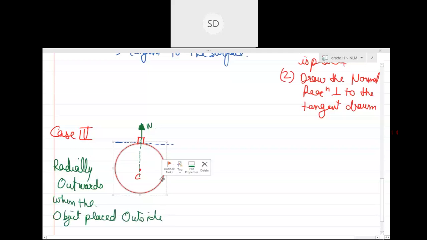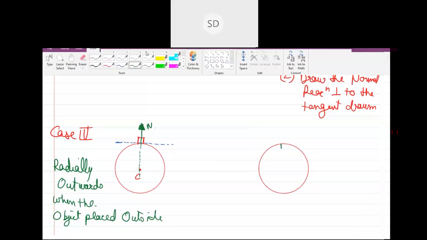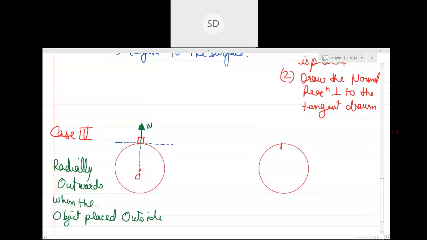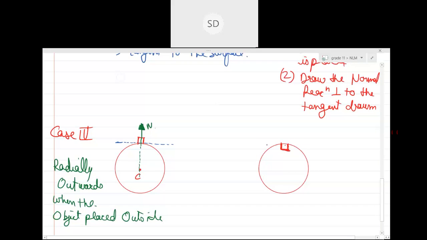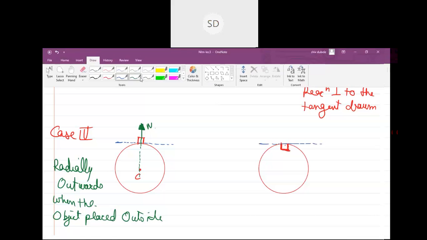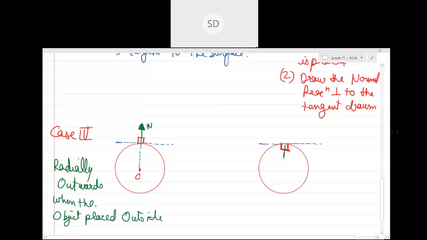Okay. And what about the next case? Although it is the same case only, suppose the object is placed inside. What if the object is inside? If the object is like over here, then what to do now? I'll draw the tangent again, and then I'll draw the normal. Can you see?